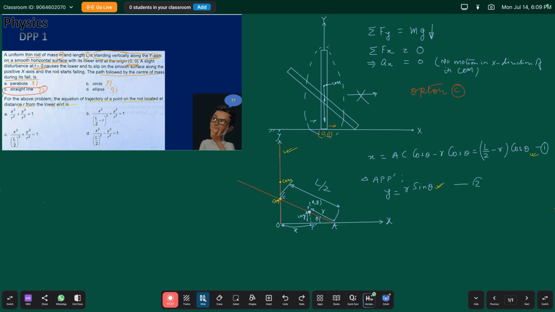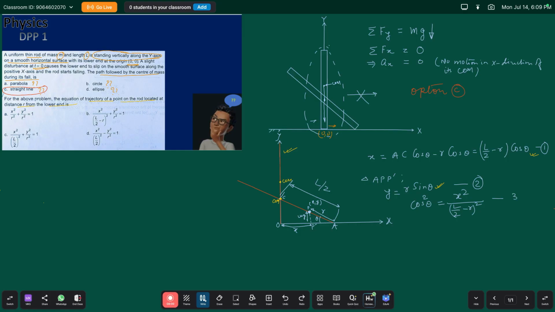To do that, we write cos theta from equation 1 as x by (L by 2 minus r) and square it, so cos square theta equals x square over this square.